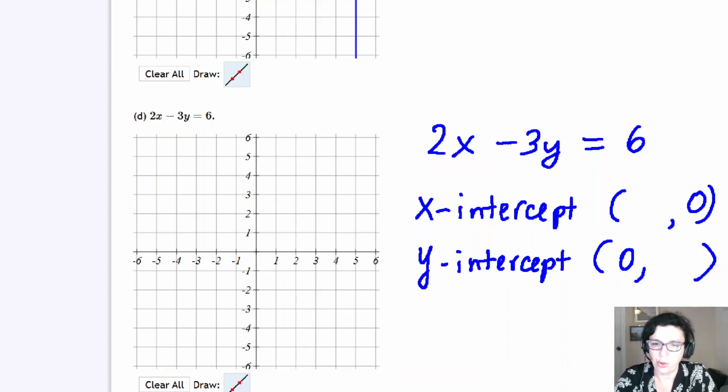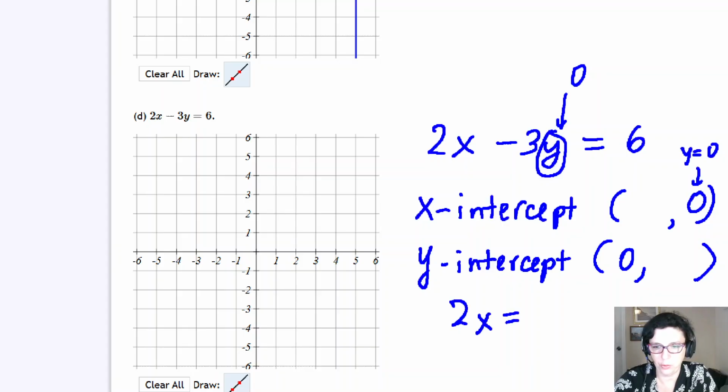Okay, so to find the x-intercept, you have to plug in y equals 0 into your equation. So instead of this right here, you're going to plug 0. And what's going to happen when 0 is multiplied by 3? Well, 0 times any number is 0. So what you get is 2x equals 6.